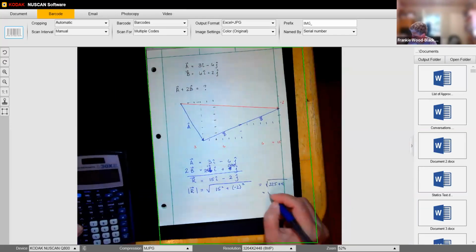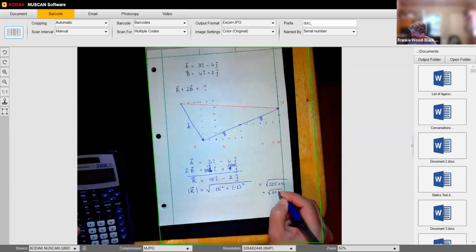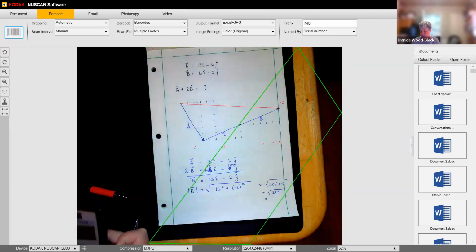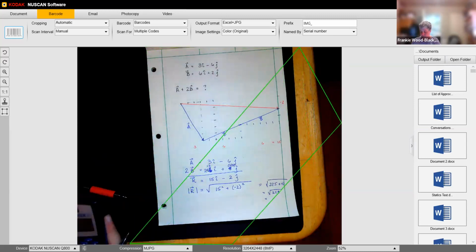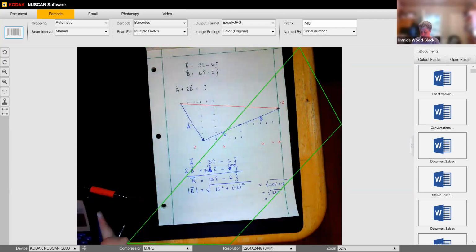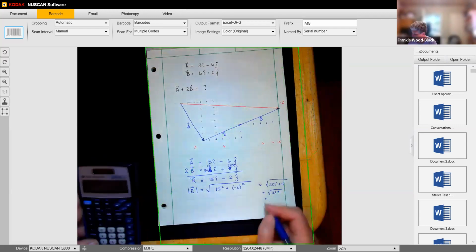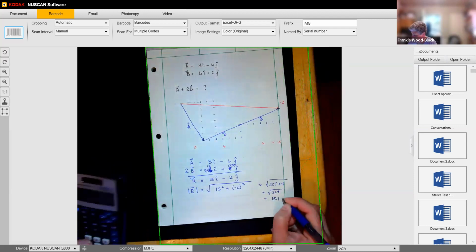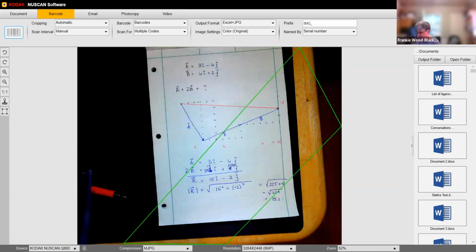Gives me the square root of 229. Gives me 15.1, whatever these units are.